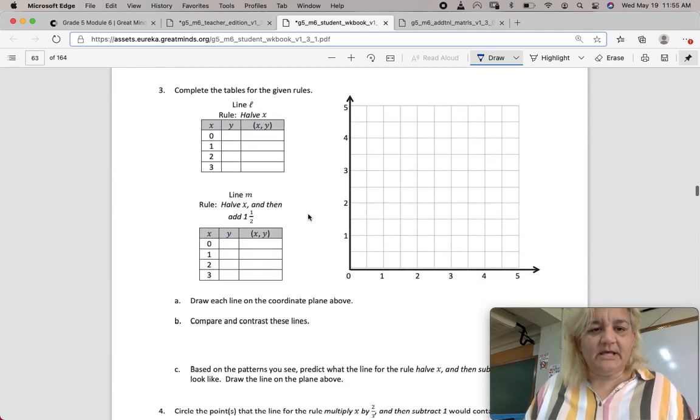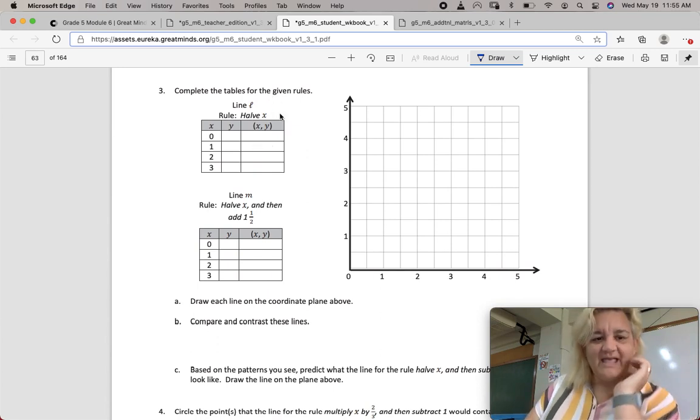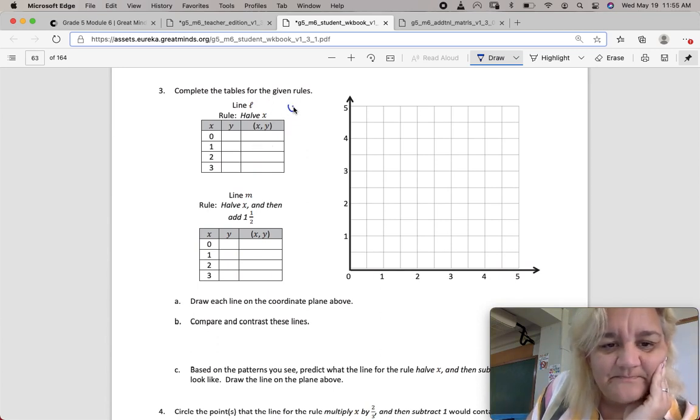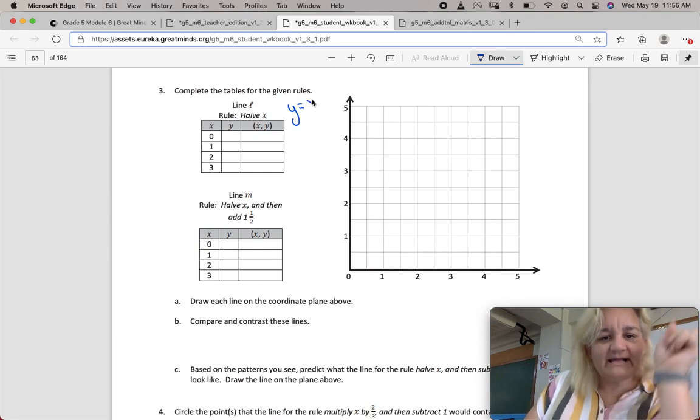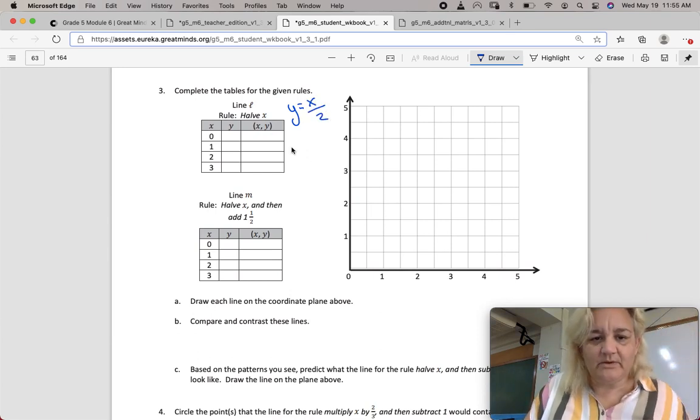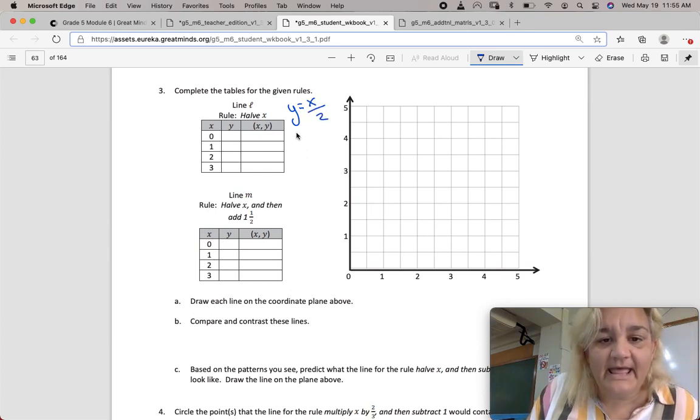Okay, number 3, complete the table for the given rules. Okay, half of x, that means y equals x divided by 2, okay? And let's see. So if 0 divided by 2, well, what's 0 divided by 2?